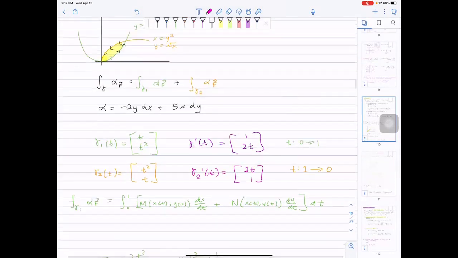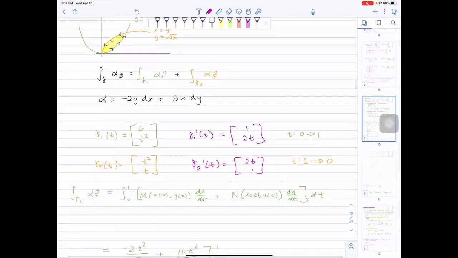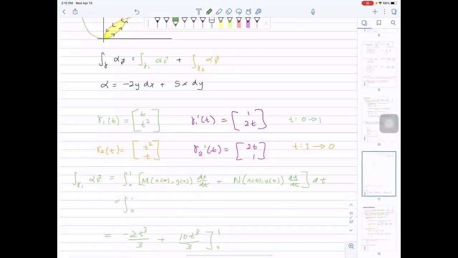Okay, so plugging in our green path. We're going with t from 0 to 1. Our M is negative 2y. And what was our parameterization for y? We said y is t squared. And so we're going to have negative 2y, or t squared, times the derivative of x with respect to t, that's 1.